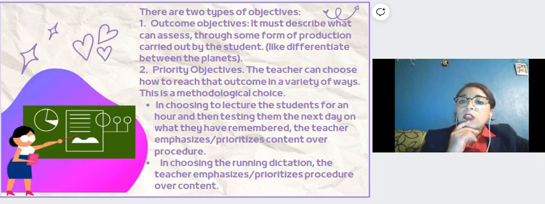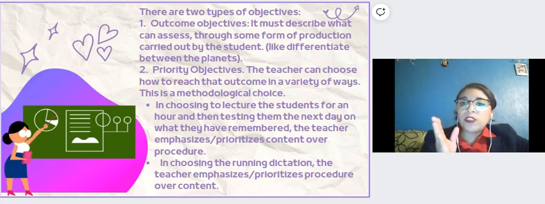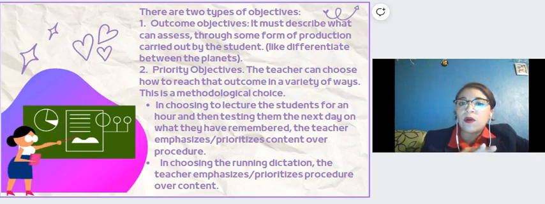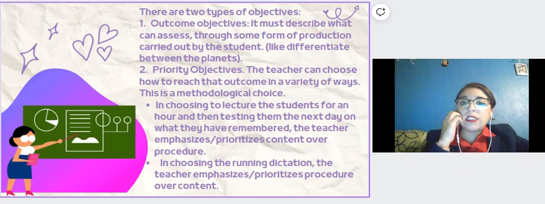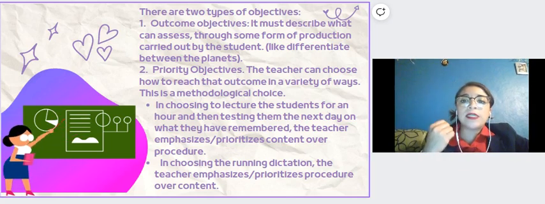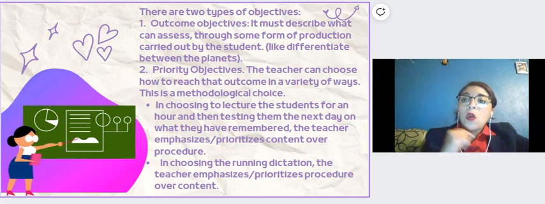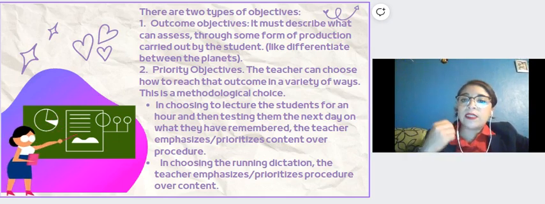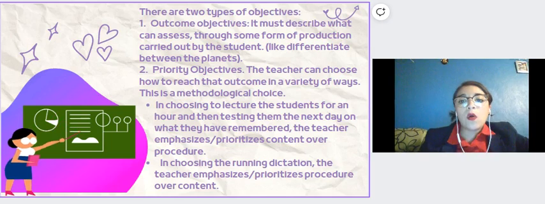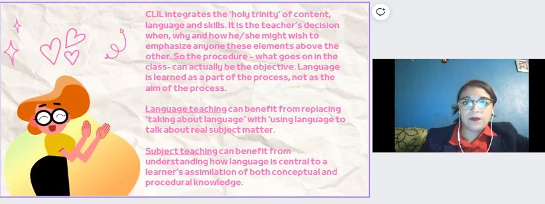This is a methodological choice. So in choosing to lecture the students for an hour and then testing them the next day on what they have remembered, the teacher emphasizes or prioritizes content over procedure. Or in choosing the running dictation, the teacher emphasizes and prioritizes the procedure over the content.